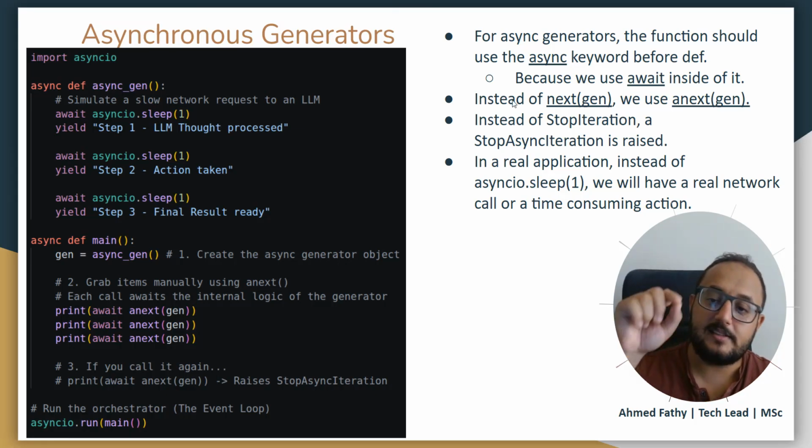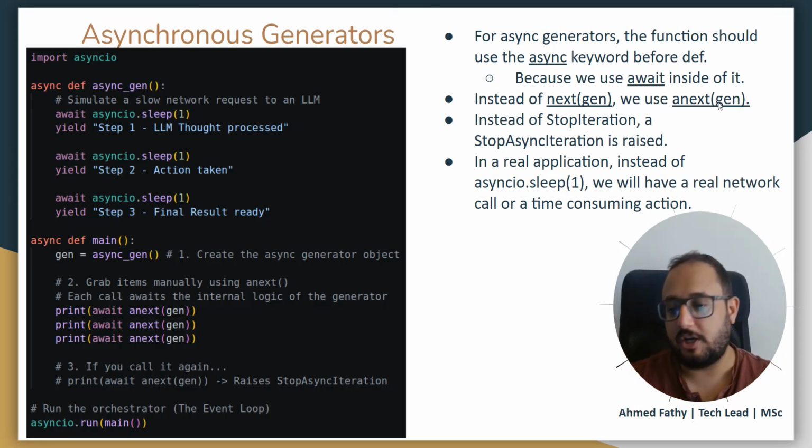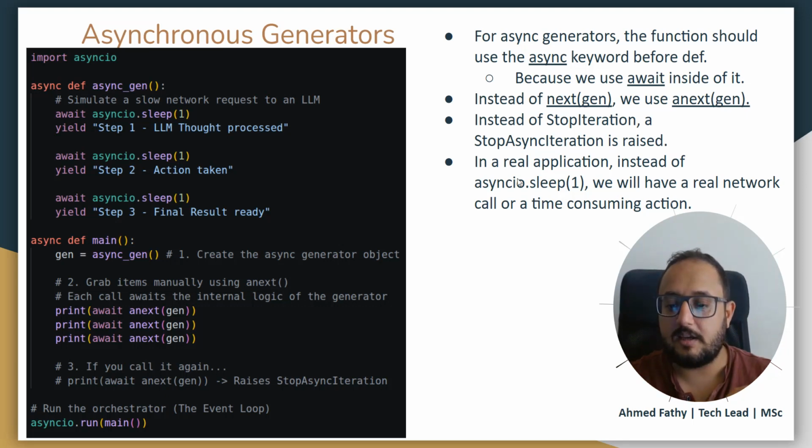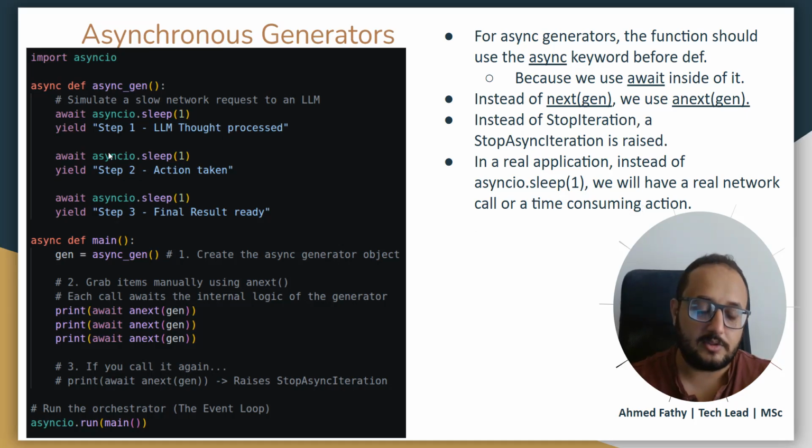And then instead of next(gen), you actually use anext(gen) in this case. So this is the syntax. And instead of StopIteration, you actually get StopAsyncIteration. Okay. In a real application, instead of asyncio.sleep(1), we will have a real network call or a time-consuming action.